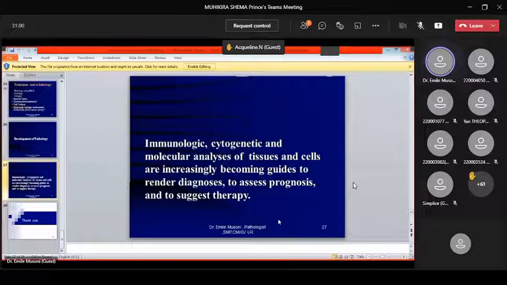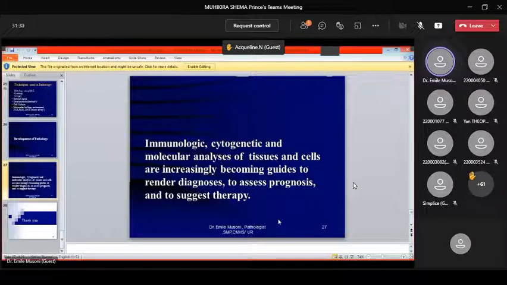So now the development of pathology focuses on immunology, cytogenetics, and the molecular analysis of tissue. Tests are increasing, leading to a better diagnosis, and thus to assess and suggest therapy. Now modern medicine is about molecular medicine, how to correct genes, using gene therapy.